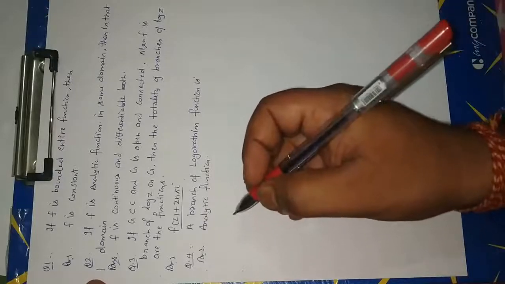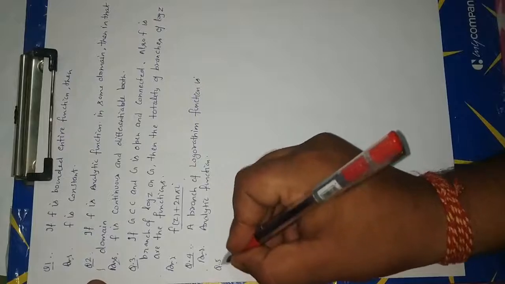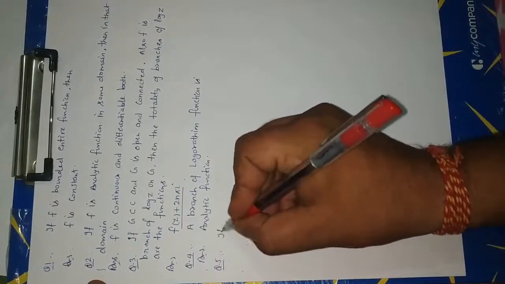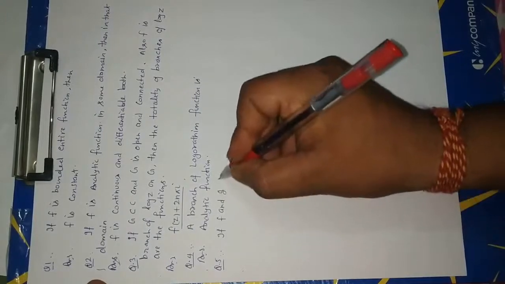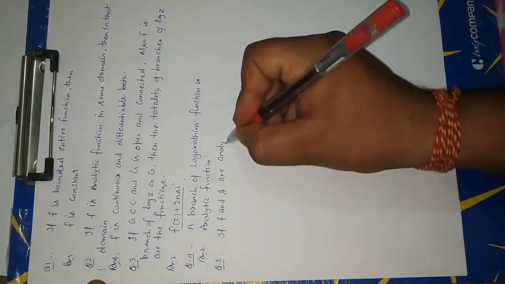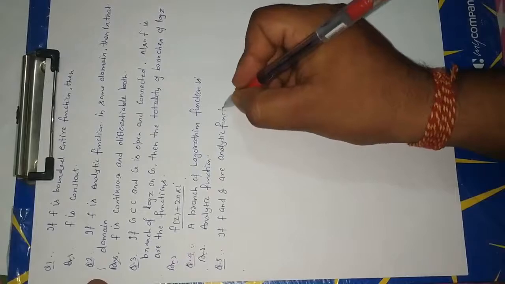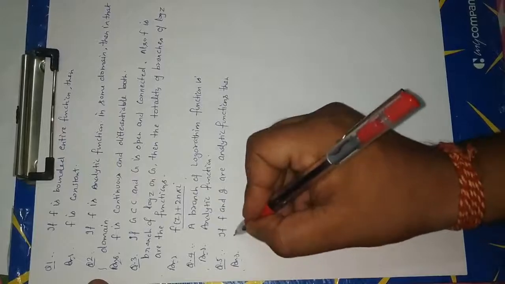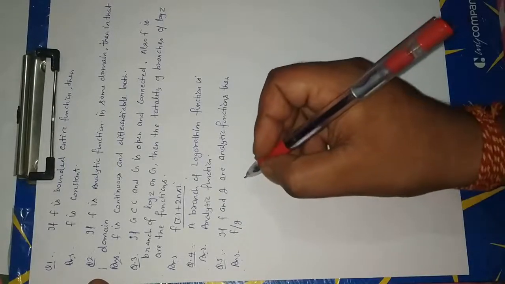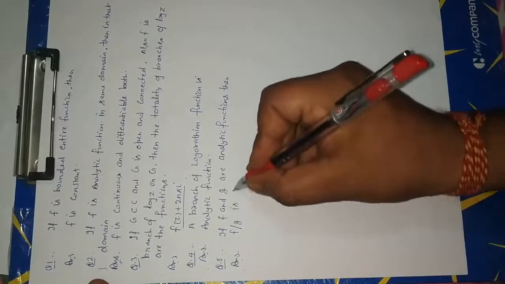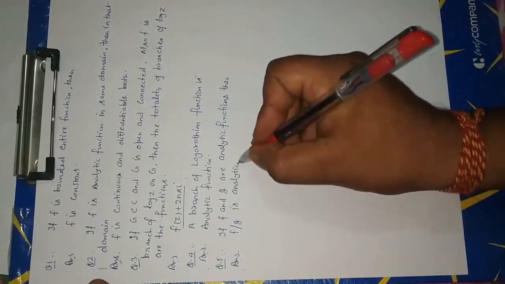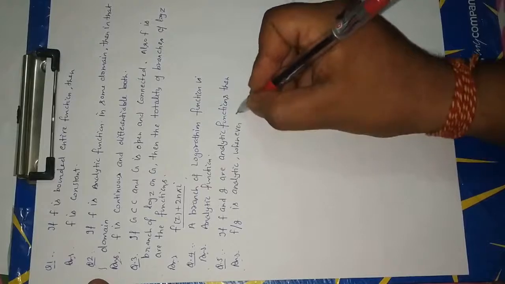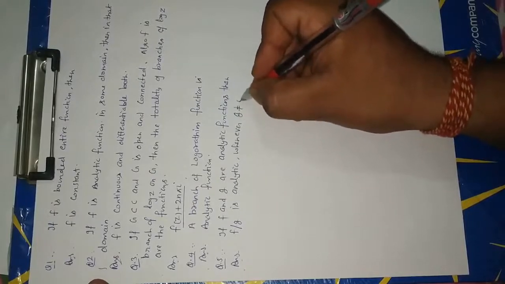Now next, question number 5. If f and g are analytic functions, then answer: f upon g is analytic whenever g is not equal to 0.